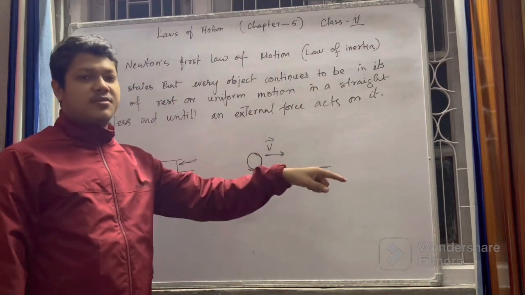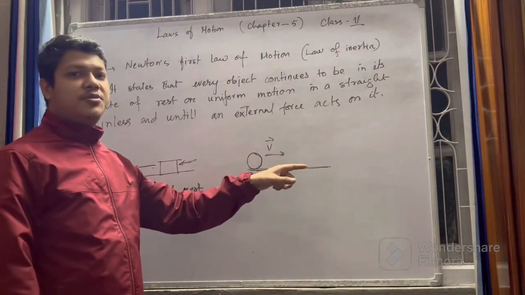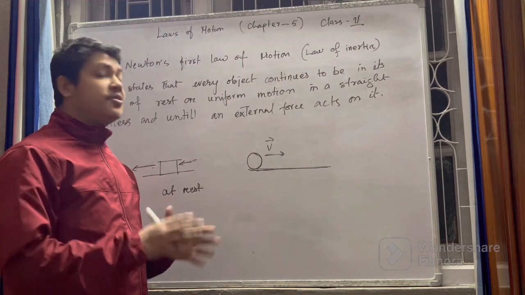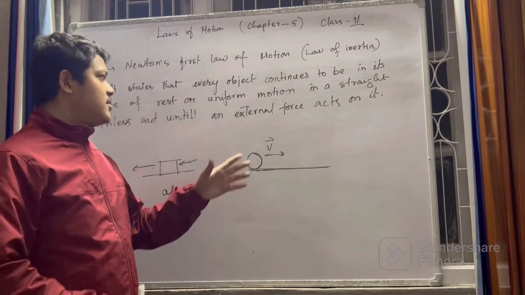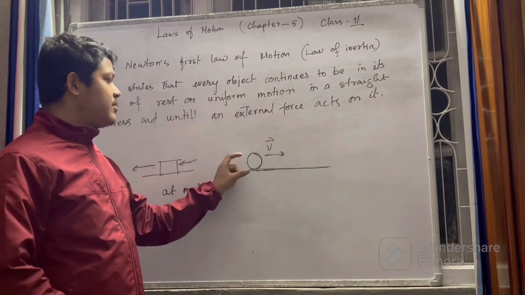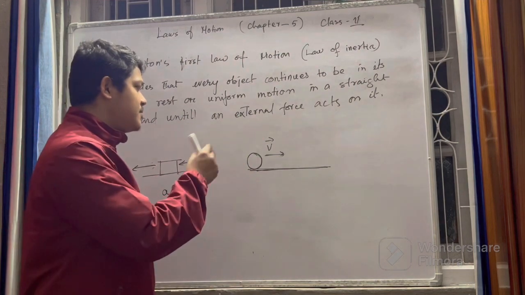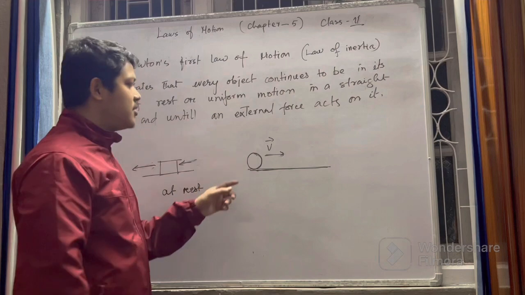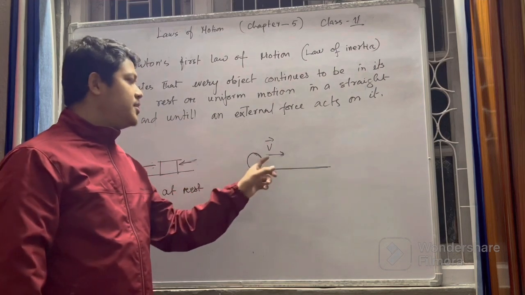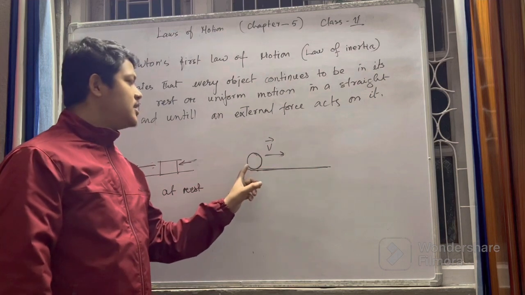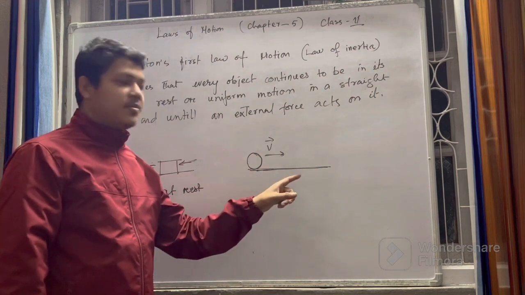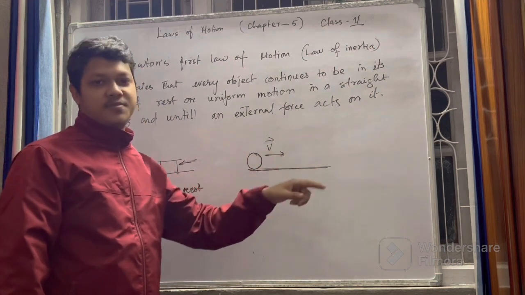Why does it stop? What should be the cause behind it? You have thrown it and it is rolling, and you haven't touched it after it is thrown. But why will it stop?